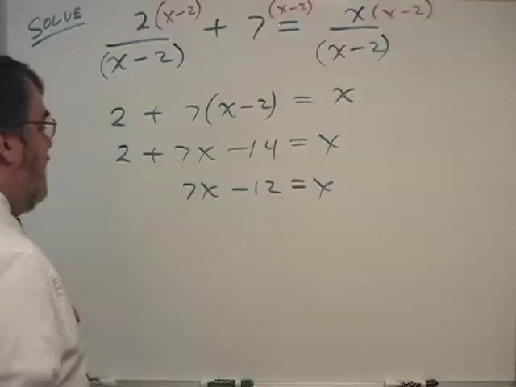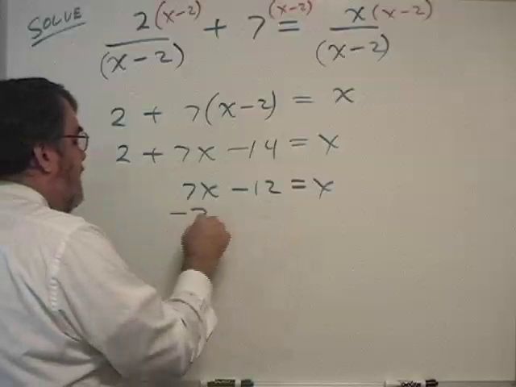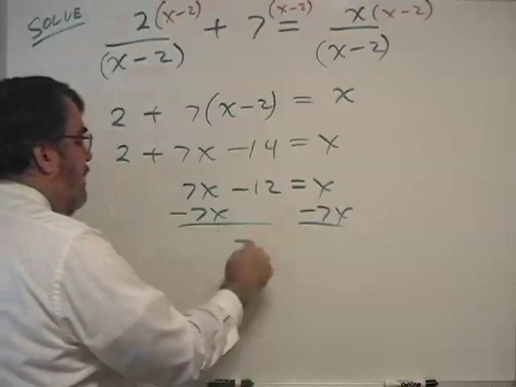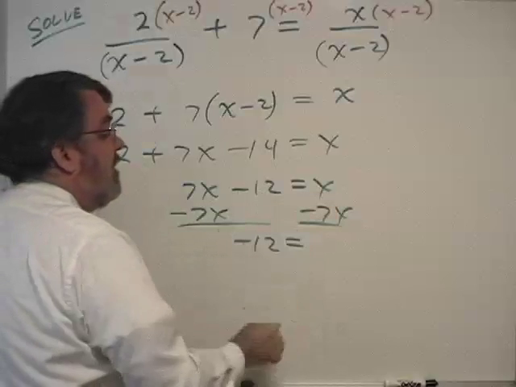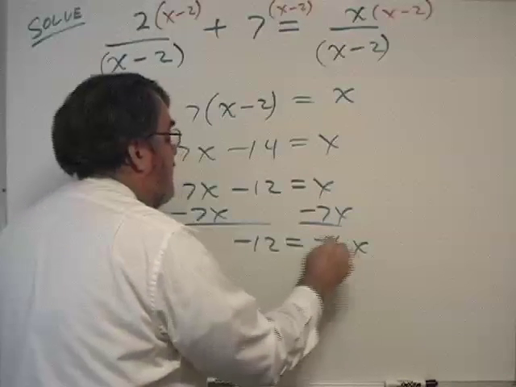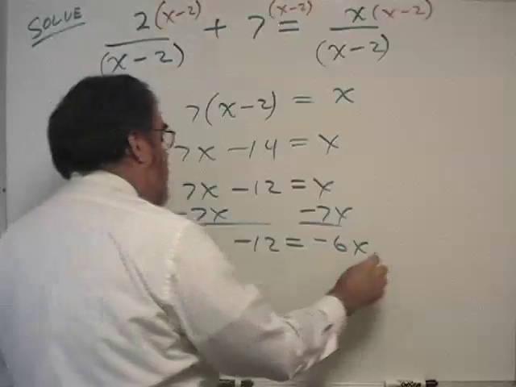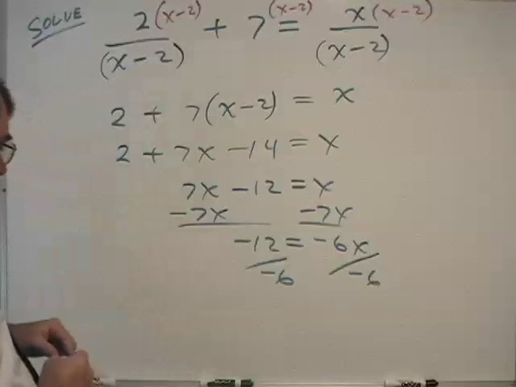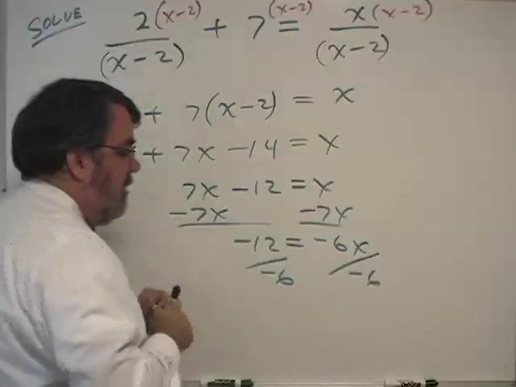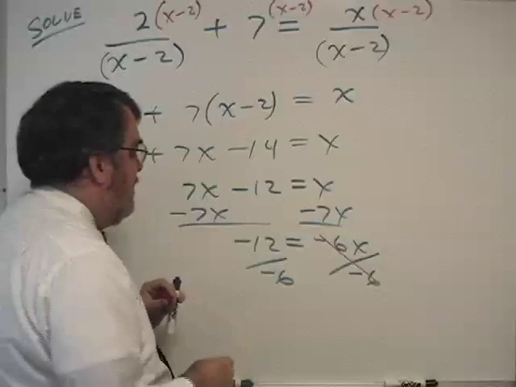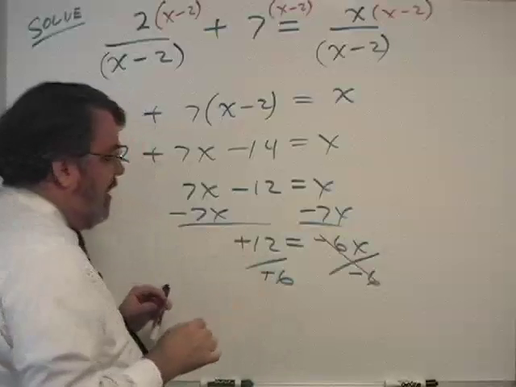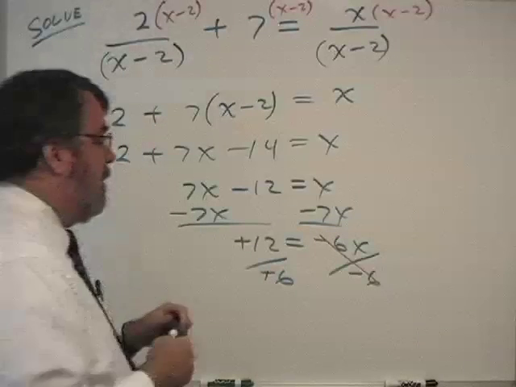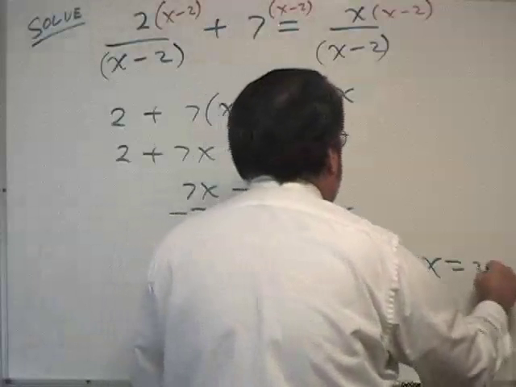And let's see, if I subtract 7x from both sides, that gives us a negative 12. x minus 7x is negative 6x. And then divide by negative 6. And we have x. Here the negatives cancel, so x equals 12/6, which is 2. So x equals 2.